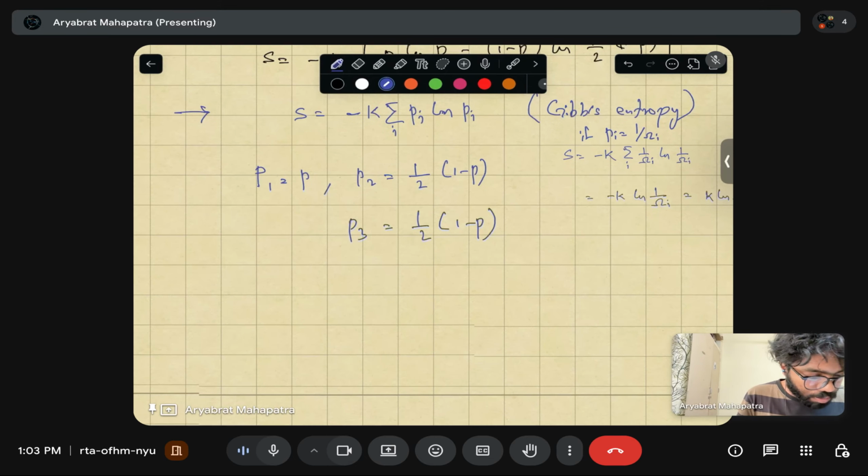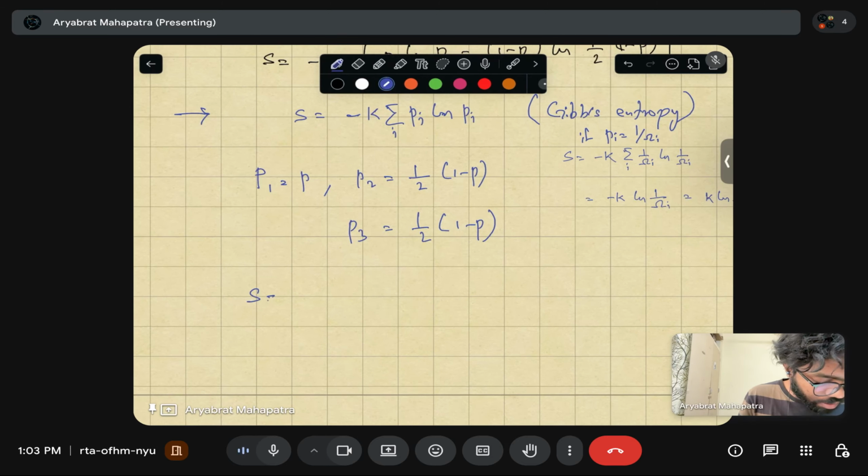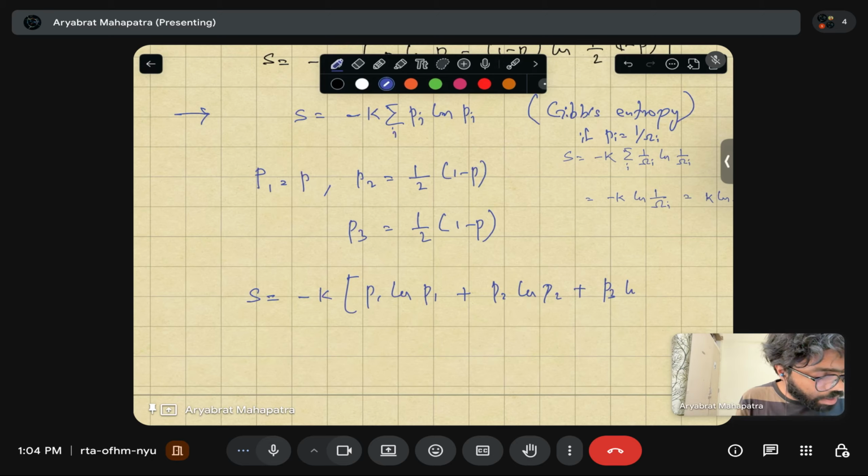Then you just simply put in the Gibbs entropy. Using Gibbs entropy, you can simply write p1 ln p1 plus p2 ln p2 and then p3 ln p3.